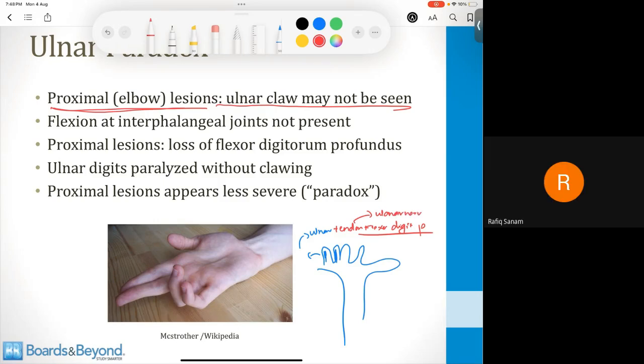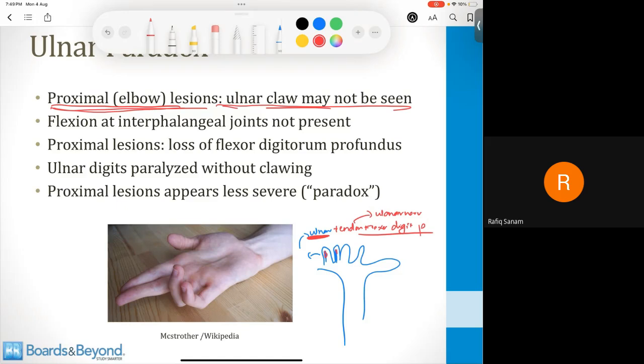Okay. So whenever we have a lesion of the ulnar nerve proximally at the level of the elbow, at the medial epicondyle, the function of the lumbricals won't be gone, right? Because whenever the lumbricals are gone, we have ulnar claw. So most probably the flexor digitorum profundus is going to dominate, and you won't have ulnar claw.